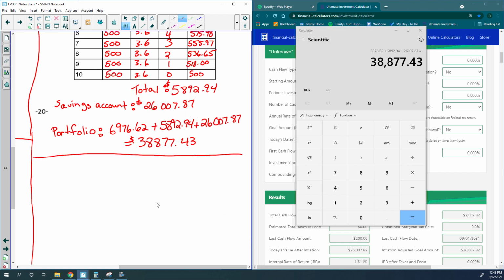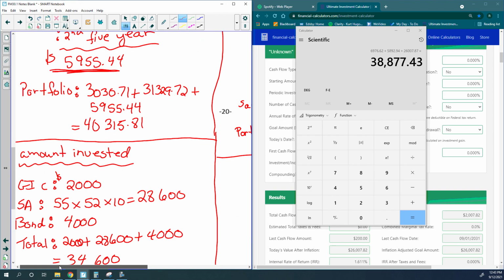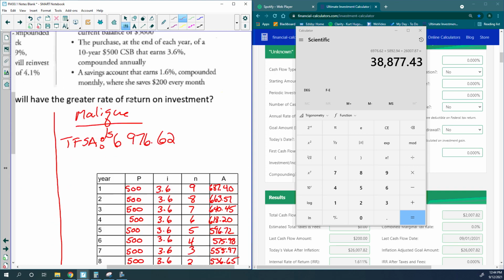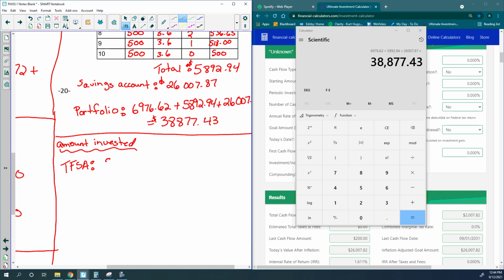And now we have to do the same thing that we did for Jason. We need to figure out the amount that she invested. From the TFSA, that one started at 5,600. For the bonds, there are 500 each, and there were 10 bonds altogether, so she invested 5,000 from those.